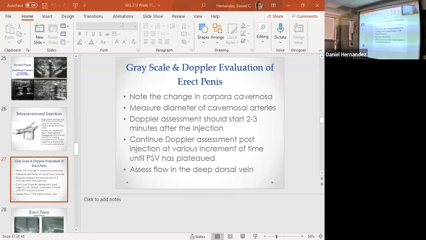CT is basically a fancy X-ray that spins around the patient and takes multiple X-ray images and creates a two-dimensional cross-sectional image of the structures that we're imaging. CTA is best seen with contrast and allows for relatively accurate measurements of residual luminal diameter.